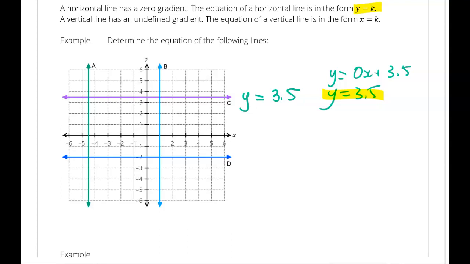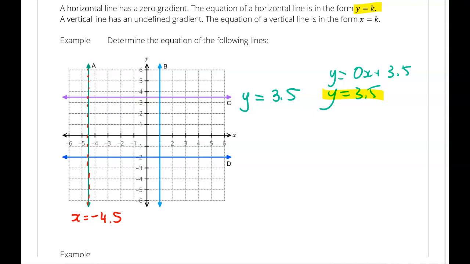Vertical lines are different because the gradient's undefined. We can't write that in the y equals mx plus c form. But for every vertical line, your x value is always the same. So following that same logic, in terms of your y value, our x value is -4.5 in this case, and no matter what y is, x is always that.